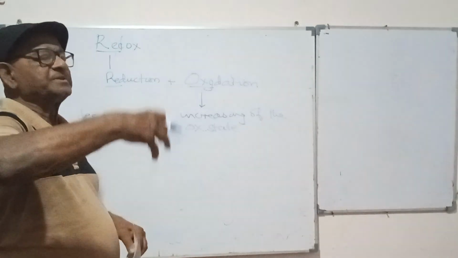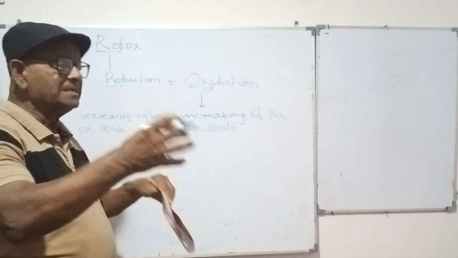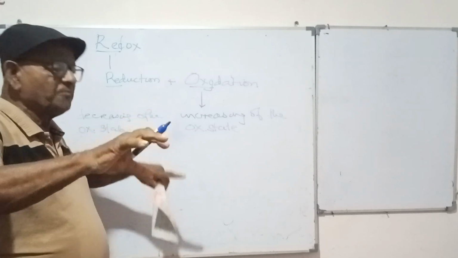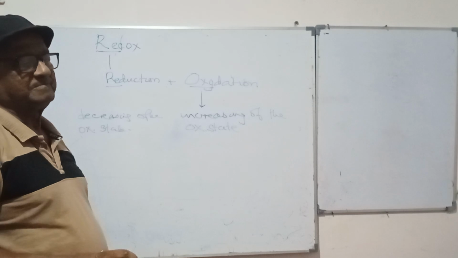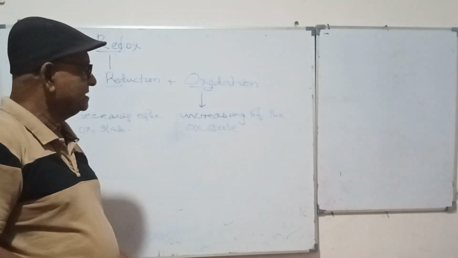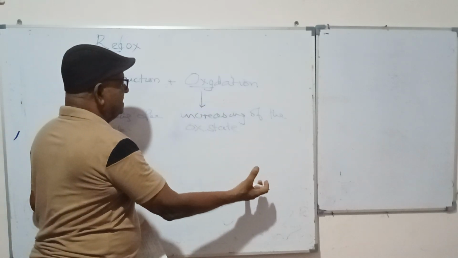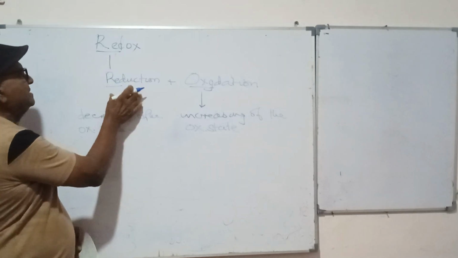One reactant gives electrons, removes electrons, the other element gains electrons. Exchange of electrons occurs during the reaction, right? Then removal of electrons is the oxidation. Gaining of electrons is the reduction.